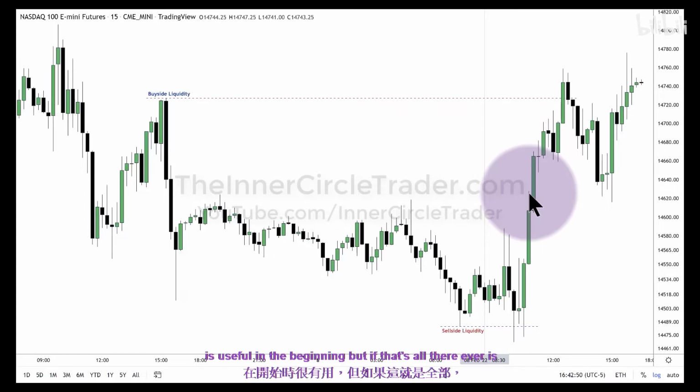It is useful in the beginning, but if that's all there ever is, and if your educator can't trade on the hard right edge of the chart, it creates either a false sense of security or a false sense of confidence that quickly evaporates when you trade with a live account, or creates analysis paralysis.